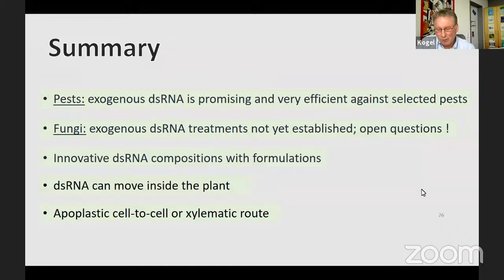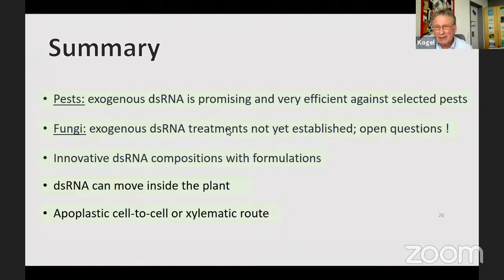So I'm coming to the end, of course, or already. For pests, the exogenous double-stranded RNA is a promising and very efficient strategy against selected pests, not all pests. I can't go into details with that here, but there are many, many things known already.